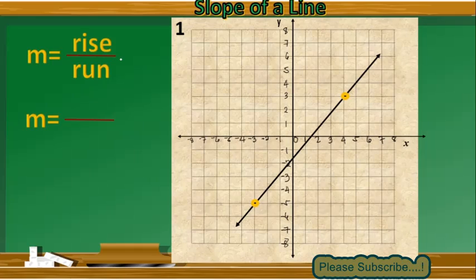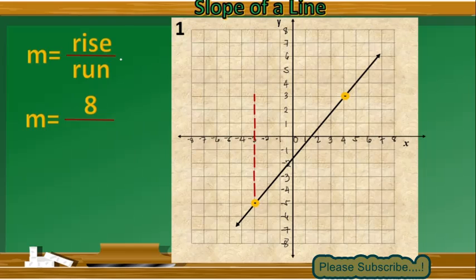That is for the rise. Say 1, 2, 3, 4, 5, 6, 7, 8. There are 8 steps or counts before turning right. If you turn right, that means that our run is positive.